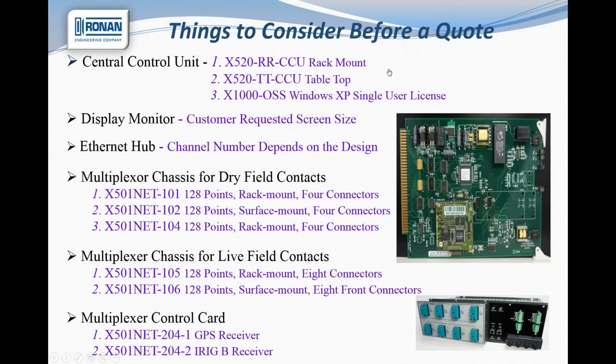For the control units, we have a rack mount, table mount, or the Windows software. And with multiplexers, you just have to discuss with the customer what kind they want. Do they want dry field contacts, a live field? Do they want control cards, and how many?